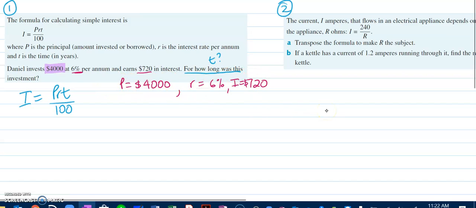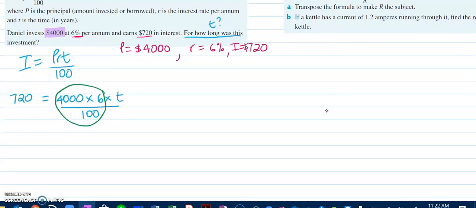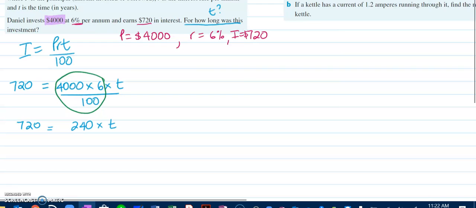If we now substitute that into the formula, we get 720 is equal to 4,000 times 6 multiplied by time divided by 100. I'll evaluate all the numerical values separately: 4,000 times 6 divided by 100 gives me 240 times time. That's equal to 720.